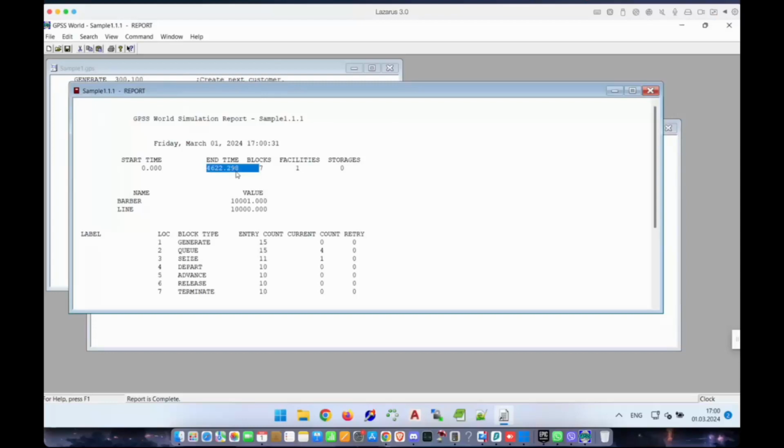That means that literally such many time units went until the customer number 10 went out from the barber shop. Well, our assumption would be that this number could be written in seconds.